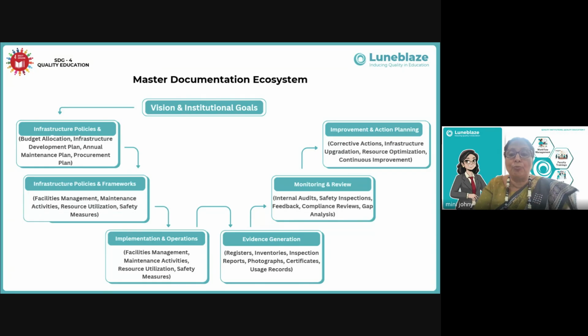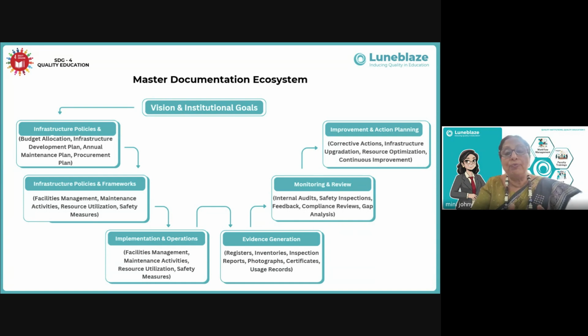The last one is improvement and action planning: corrective actions, infrastructure upgradation, resource optimization, and continuous improvement. If you do not have classrooms, nowadays section increase is very easy with the CBSE, and they have relaxed so many rules.